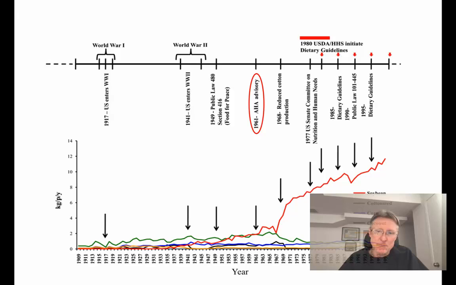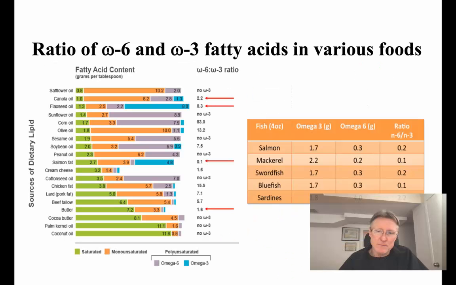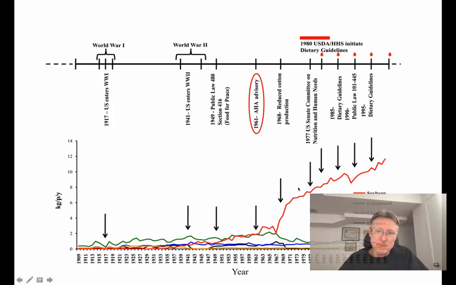And what is the implication of this? Going back to the previous slide, soybean oil has a ratio of 7.5. In other words, lots of omega-6 and very little omega-3. So with this increase in soybean oil consumption, we end up shifting the relationship with omega-3 to a level that is way more favorable to omega-6.